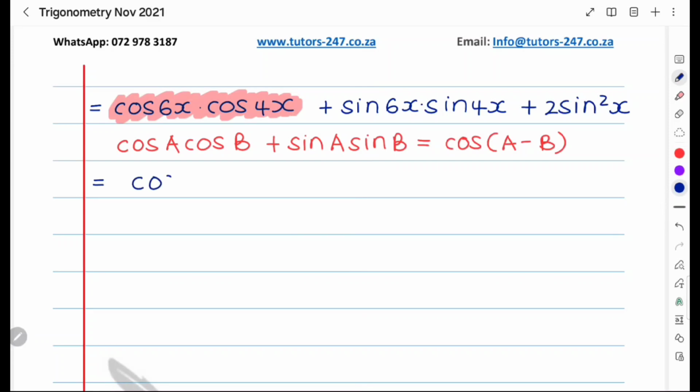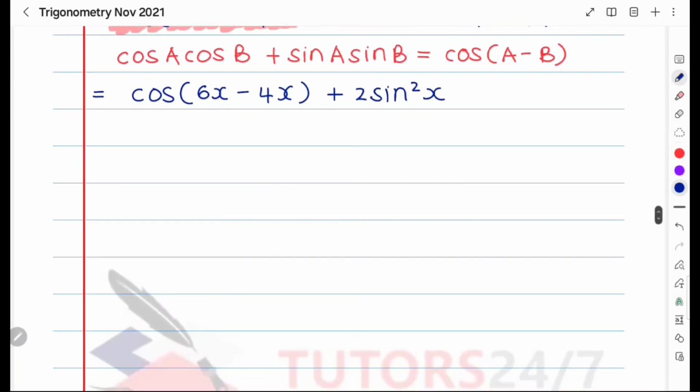So that is going to become cos of 6x minus 4x. And don't forget to bring down 2 sine squared x. From here, 6x minus 4x, that is just 2x.